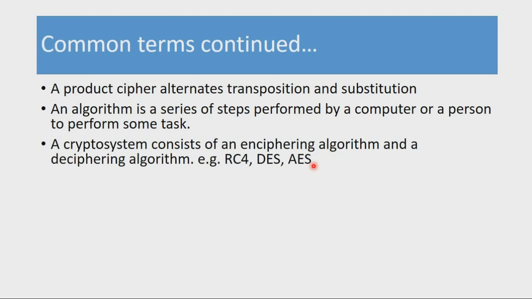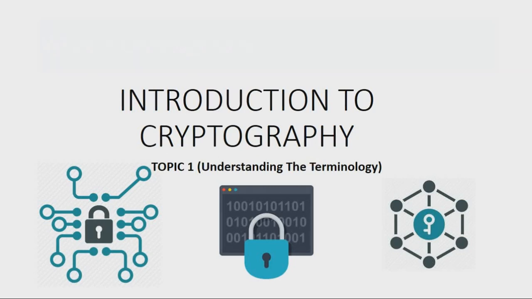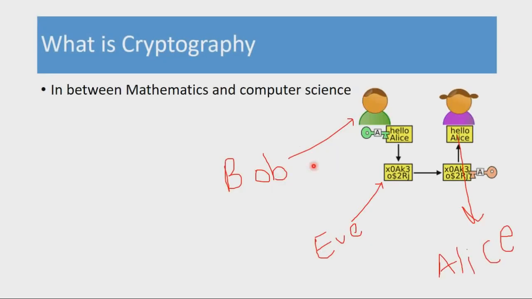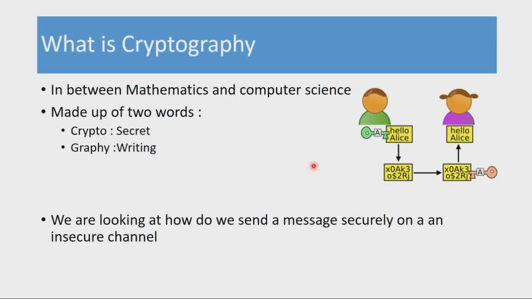What we mean by an enciphering algorithm is, if we go back to the original page, and let's just remove the Bob and Alice stuff. When Bob is encrypting a message, Bob will use an enciphering algorithm. So an enciphering algorithm works on this part to encrypt it to this form. But when Alice receives the message, a deciphering algorithm works on this other part to change the message back to the original form.